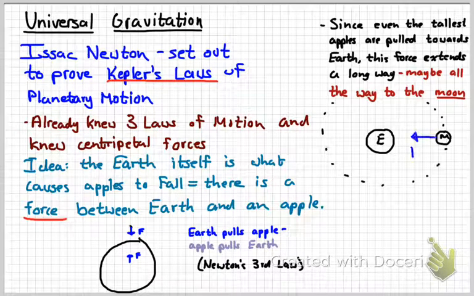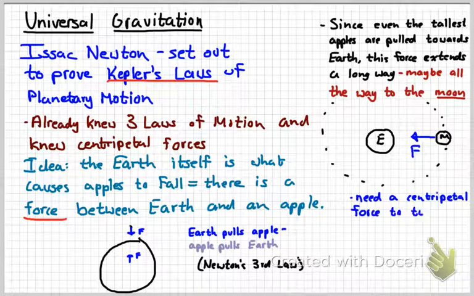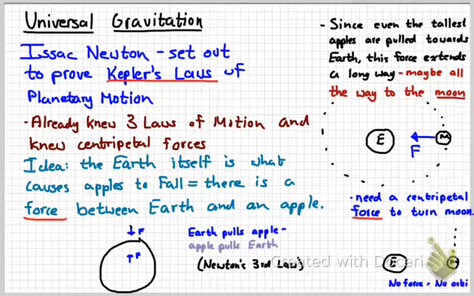And so that force is what causes the moon to move in a circle around the Earth. Remember, we need a centripetal force in order to make the moon turn, so that force could be caused by the Earth. If there wasn't a force between the moon and the Earth, then the moon would just keep moving in a straight line at constant velocity due to its inertia.